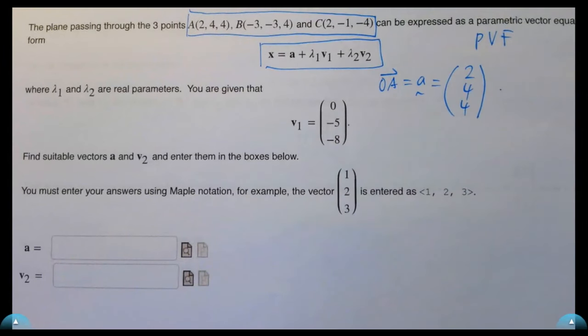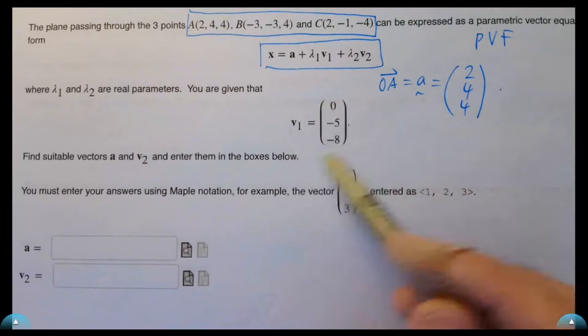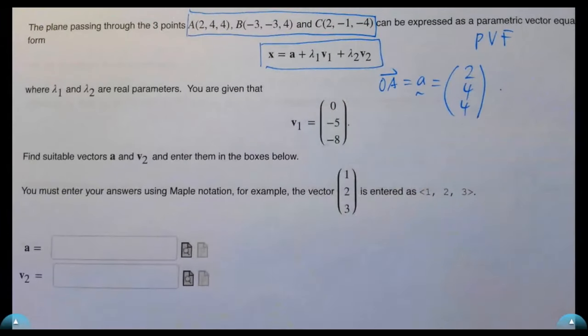This is a little trickier because you don't want to produce a vector that is parallel to this given vector. So can anybody suggest what we might do for this question? Anyone?